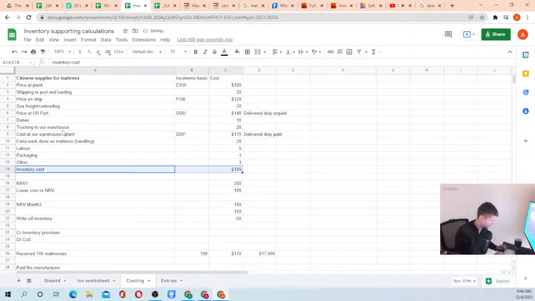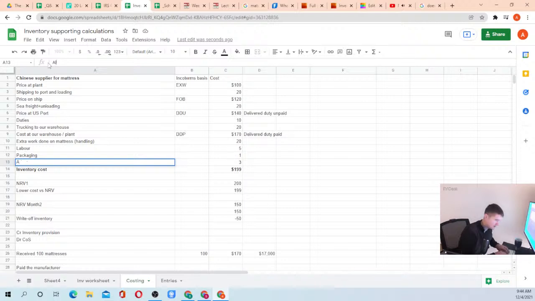And we end up with that inventory cost. Let's call it allocated monthly warehouse cost.